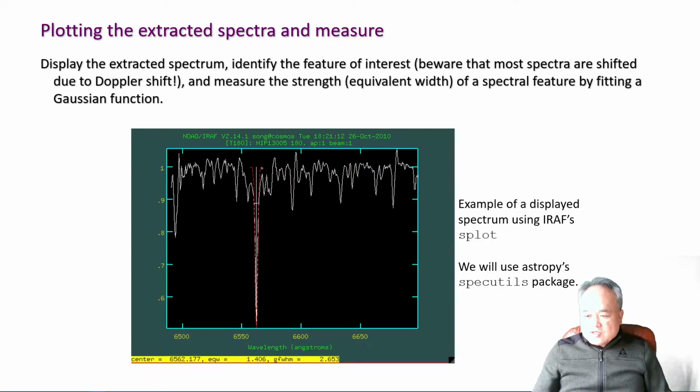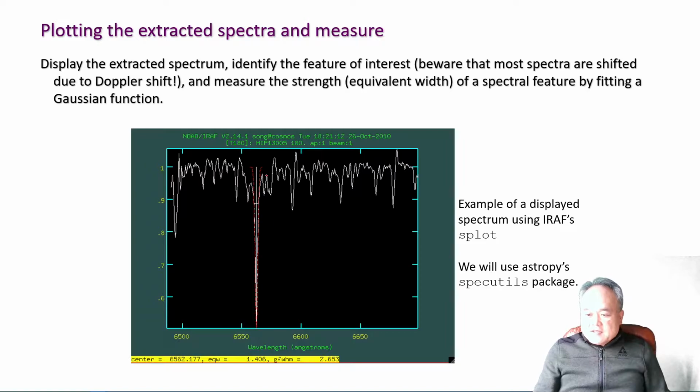So when you display a portion of your target spectrum and identify the spectral feature of interest, for example in this particular one, this is at the rest wavelength 6563 angstrom H alpha emission line.